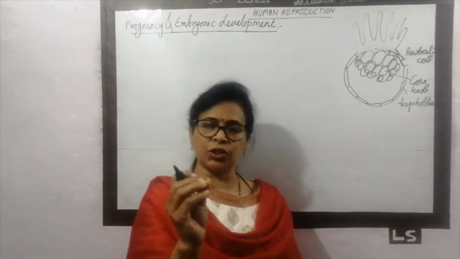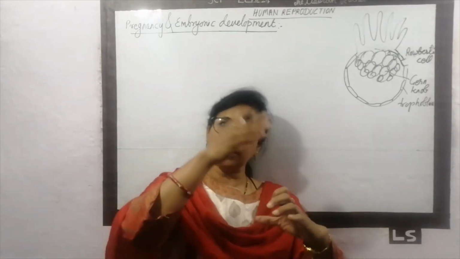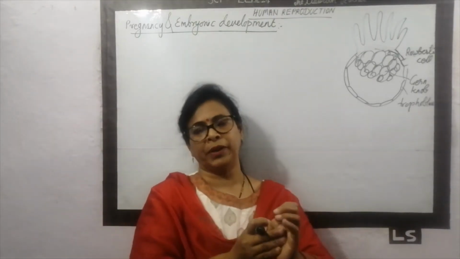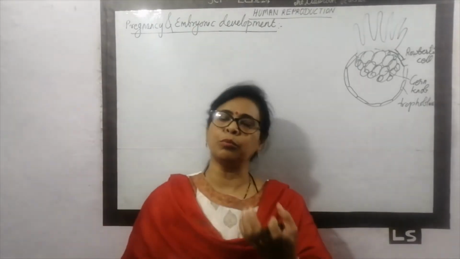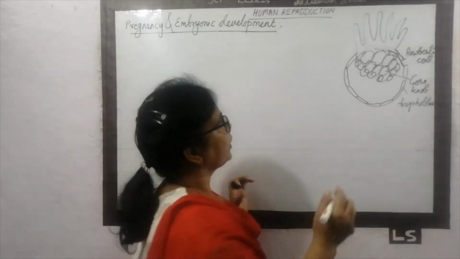This finger-like projection is inserted inside the folds of the endometrium and fixes its place in the endometrium. This finger-like projection is called chorionic villi.